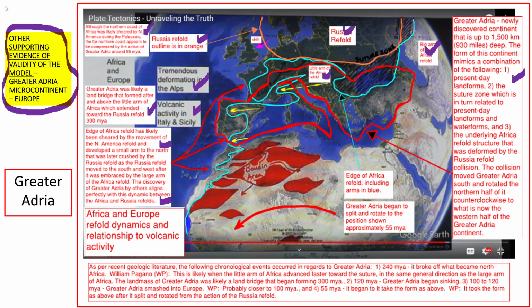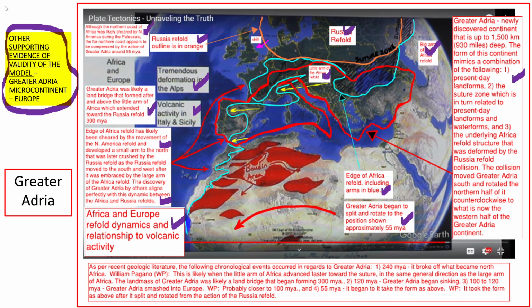So in general, we're just showing Africa and Europe refold dynamics in relationship to volcanic activity. I discussed the relationship to the Alps and the volcanics in Italy and Sicily. I'm also pointing out here, edge of Africa refold, including arms in blue. Noted that before. Greater Adria began to split and rotate to the position shown approximately 55 million years ago.